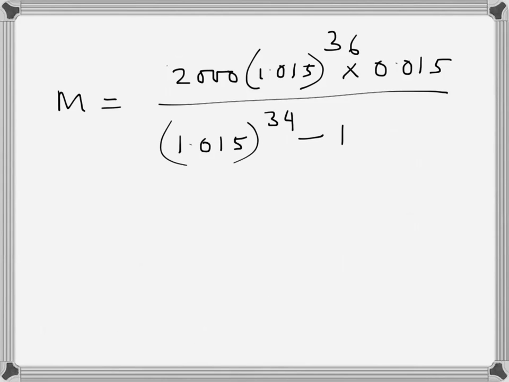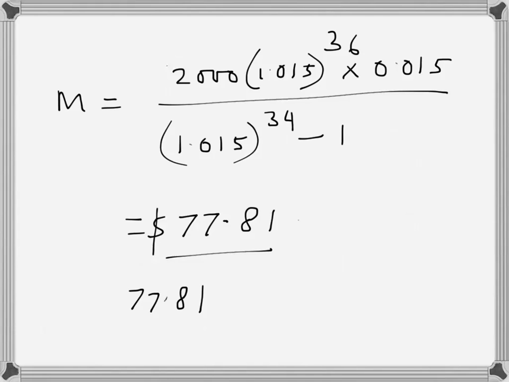M is the unknown there, and if we solve this using a calculator, we get $77.81. So that is the monthly installment, the monthly repayment. And if we want to find out the total amount paid, it will be this monthly installment, 77.81, paid for, since the first 2 months there was no installment, 36 minus 2, which is 34 months. The third month is the first payment, so it is paid for 34 months.